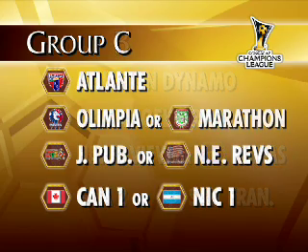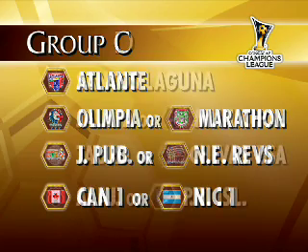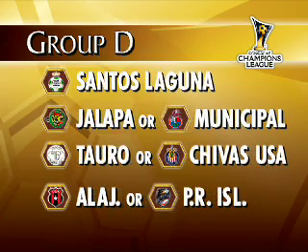Group C, Atlante, Olympia or Marathon, Joe Public or the New England Revolution, and finally, the Canadian or Nicaraguan team. In Group D, Santos Laguna, Municipal or Jalapa, Tauro or Chivas USA, and finally, Alajuela or the Puerto Rico Islanders.